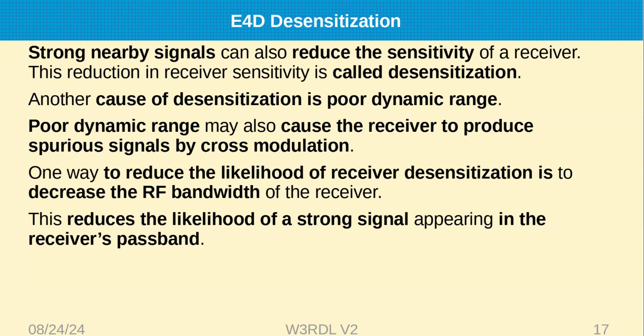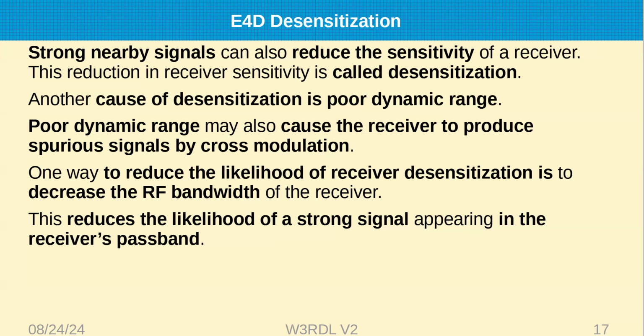But it can also be caused by poor dynamic range. So you have the blocking or compression. It's like desensitization. And you also can start to get some spurious signals because you've got some cross modulation going on and all that good stuff.